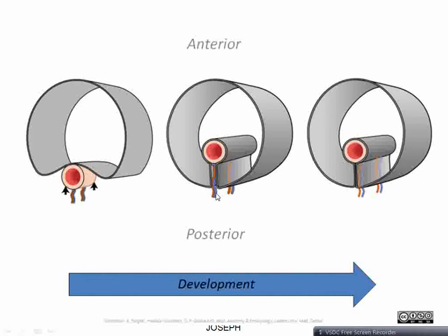Because these structures are coming either from the posterior or lateral abdominal wall or the pelvic wall, they are entering into the organ through this gap between the two layers of peritoneum. Again, slowly the organ still invaginates into the peritoneal cavity.